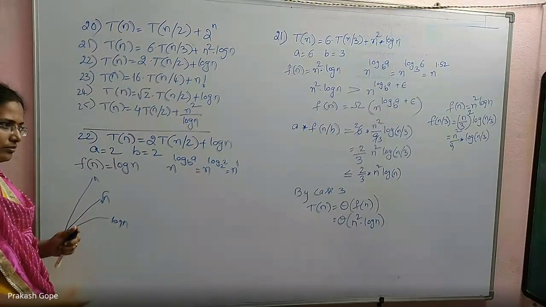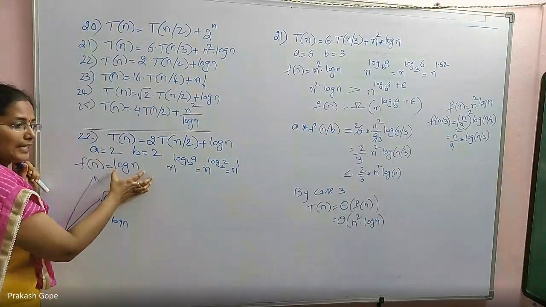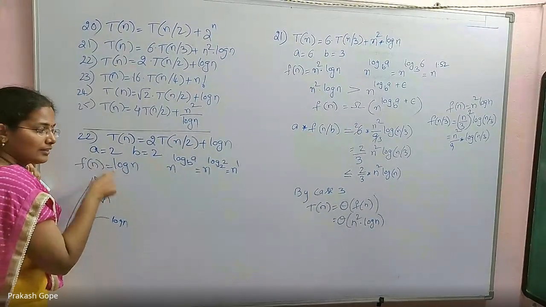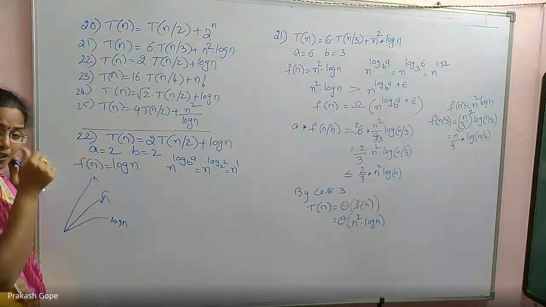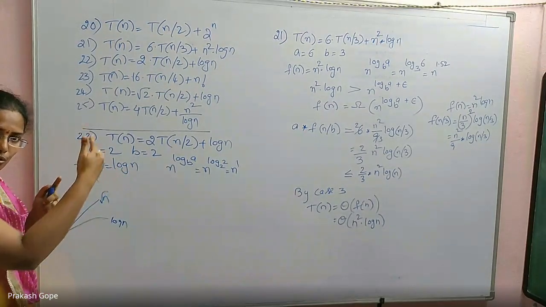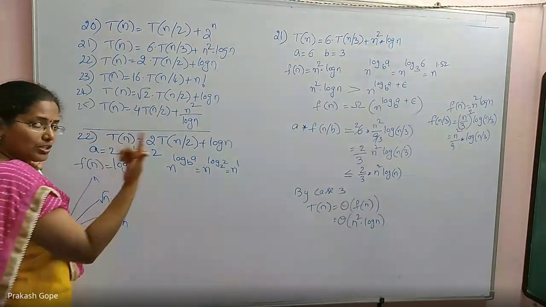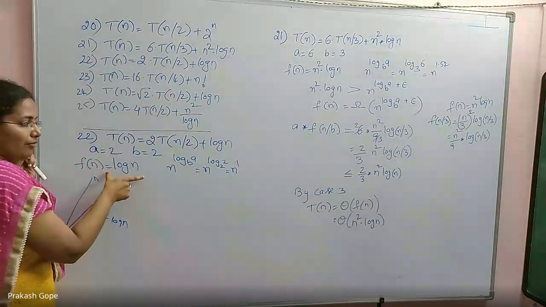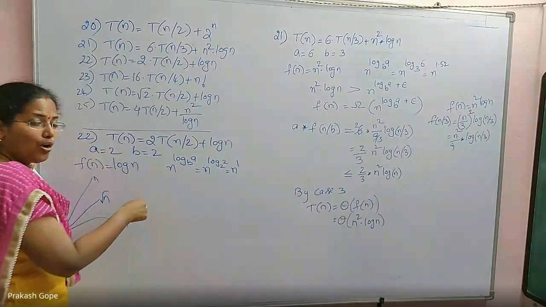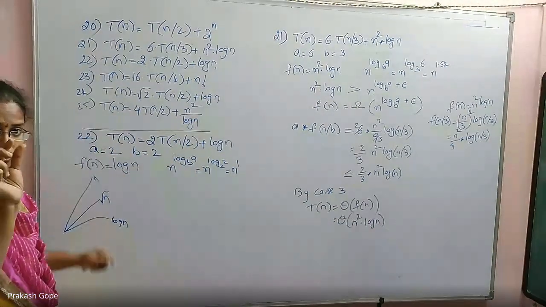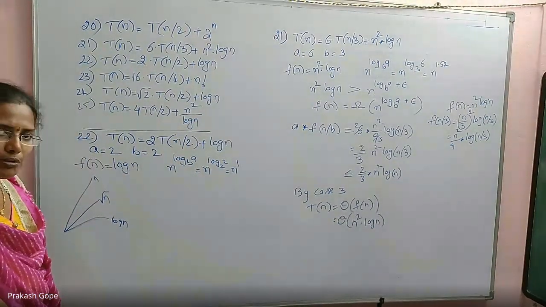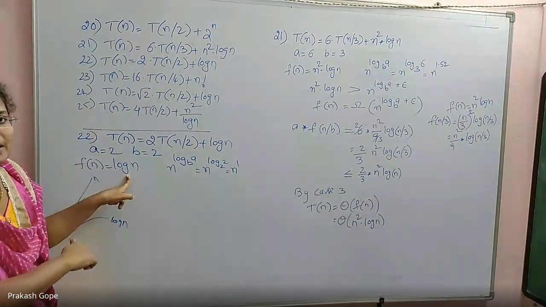If you know that, then you should think this is log n, which is less than f of n is less than n power log a to the base b. It is less than, meaning you should go to the big O case. What is the case? If f of n is equal to big O of n power log a to the base b minus epsilon, even if I do a small subtraction from the power, still log n is less than or equal to f of n.